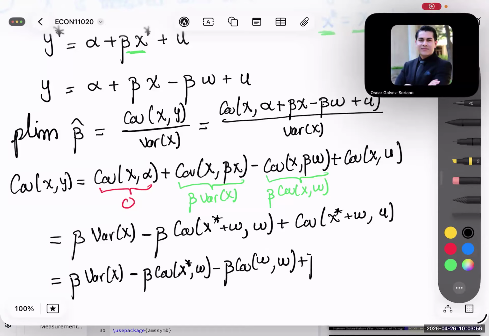And finally, you have covariance of x star and u and covariance of w and u.